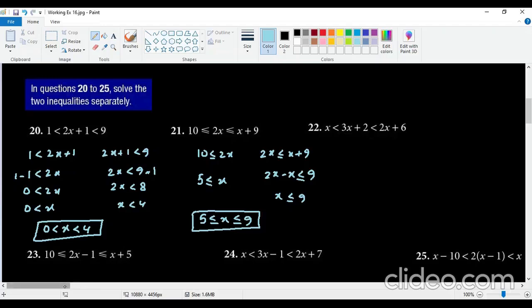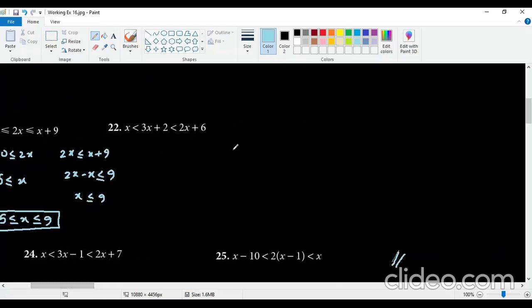Working, I have already shown you. You must have seen it. Now in here, what it says is x less than 3x, and the second one is saying 3x plus 2 less than or equal to 2x plus 6. Now in here, this is going to give us x minus 3x less than plus 2. I will write just 2 here.